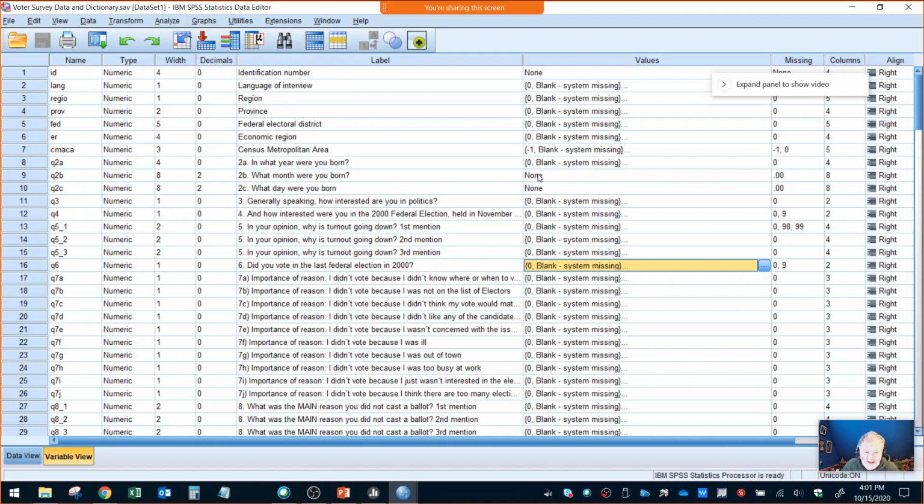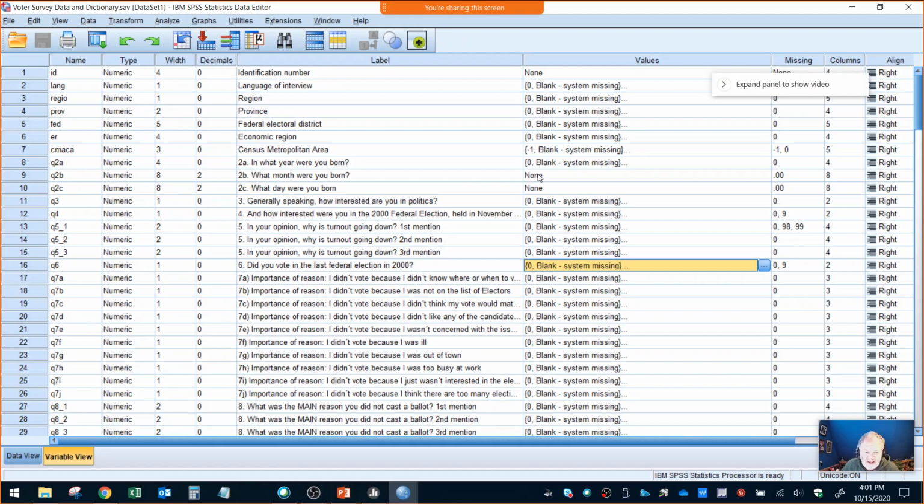Now, when I go back here, here's question 6 right here. And it's got 1s and 2s, right? 1 equals they did vote, 2 means they didn't vote. I can toggle on the value labels. So let's not look at the raw numbers that SPSS works with. Let's see the actual responses. This is an overlay.